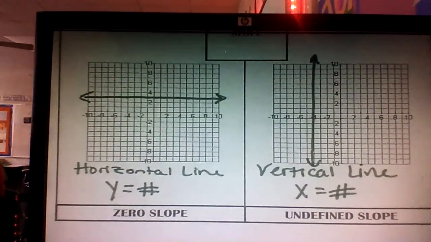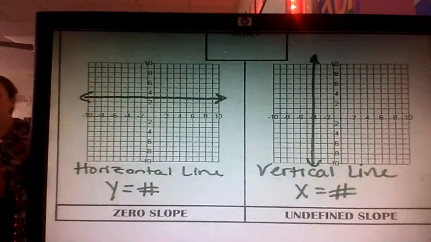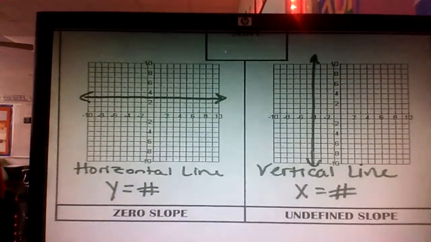This slope is undefined because your change in x is 0. And one of the biggest things in math is you cannot divide by 0. So anytime you see x equals 3, that's a vertical line at 3. X equals -7 is a vertical line at -7.